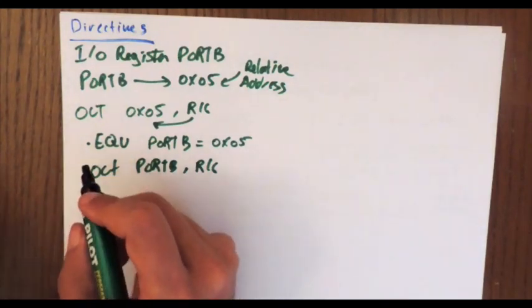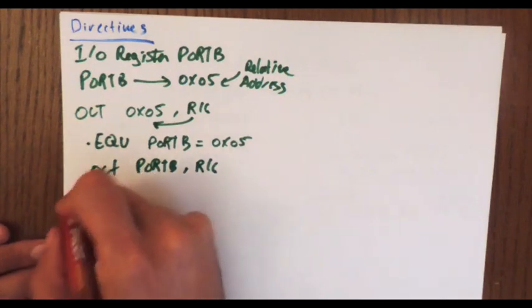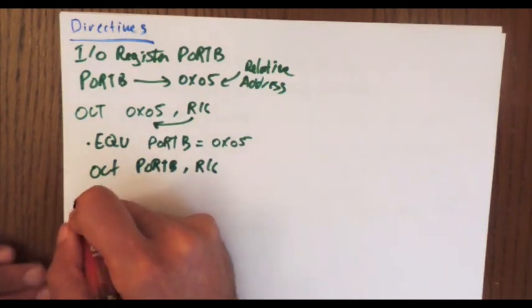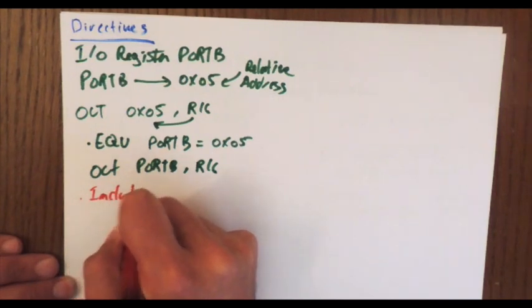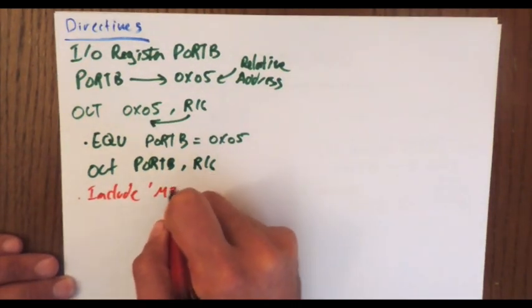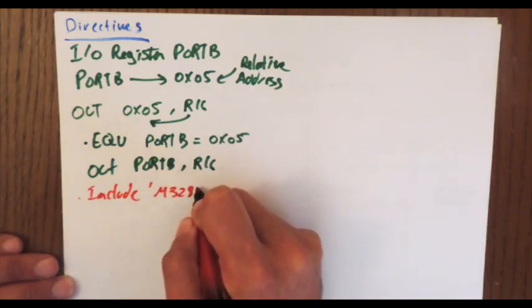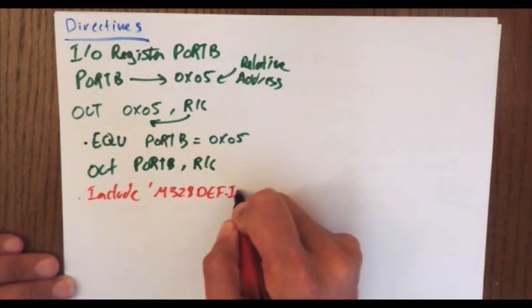Because we need to include a library. So in this case, I'm going to add another directive, .include, and the library is m328def.inc.